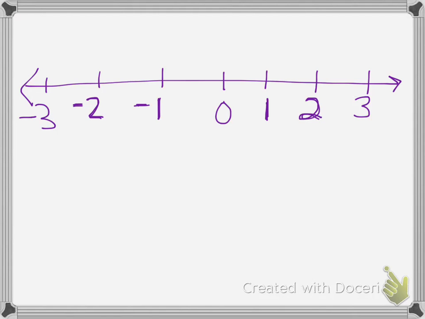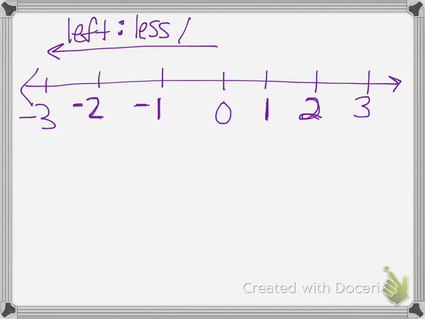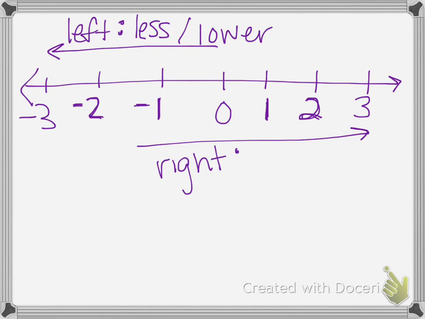So I want you to notice that as my number line goes to the left, my numbers are getting less than or lower. Okay? So as you go left, they get less or lower, and as I go right, they get greater or they increase.